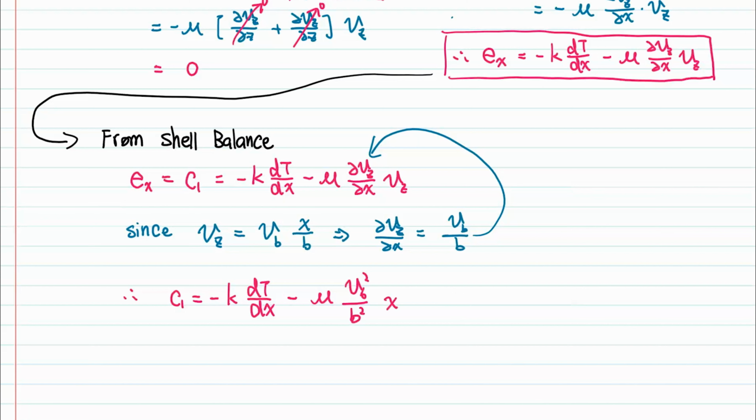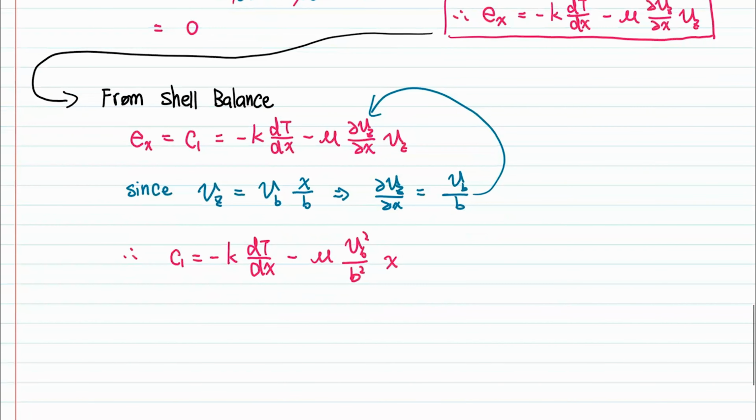Okay? Or we can rewrite this such that we omit the negative sign. So we can write this as k times dT dx plus mu vb squared over b squared x equals some constant C1.